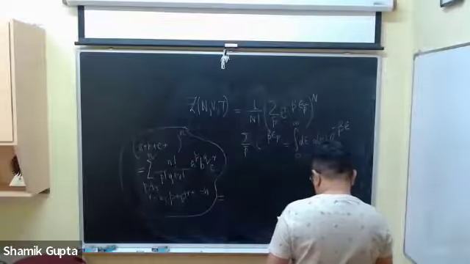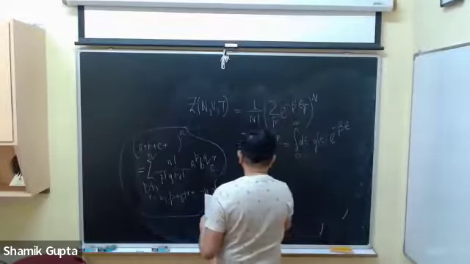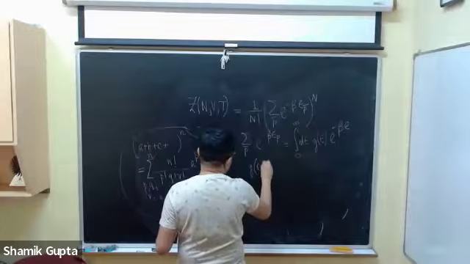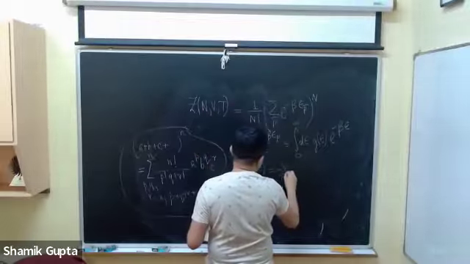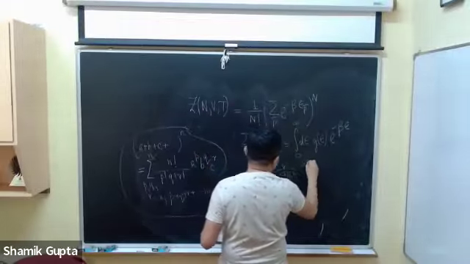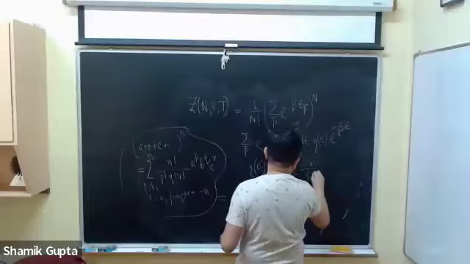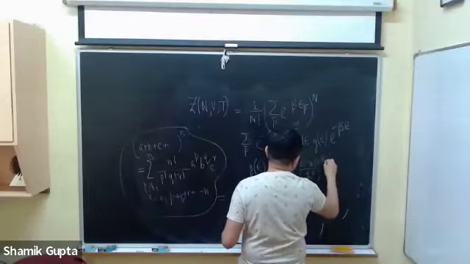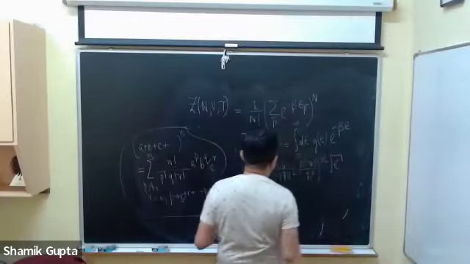Okay, and g(epsilon), we know how it looks. It looks like V by 4 pi squared of (2m by h bar squared) to the power 3 by 2 of epsilon to the power half.